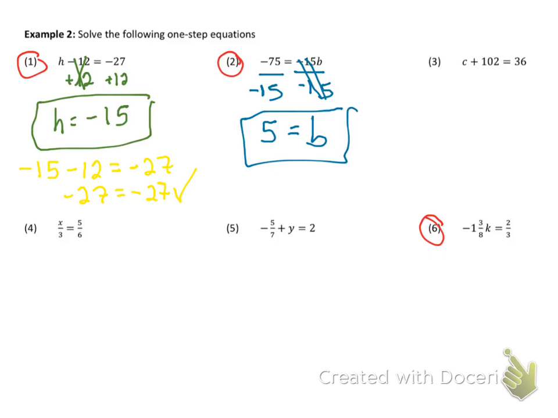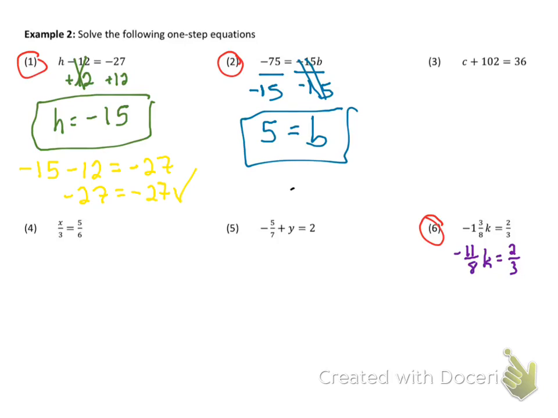And I'm going to jump down to 6. I'm going to change colors real quick. Okay, so here I have a fraction that's multiplying my variable, and it equals 2/3. So the first thing I have to do is I need to get this to be an improper fraction. Okay, and once I get that to be an improper fraction, to undo fraction multiplication, I need to multiply.